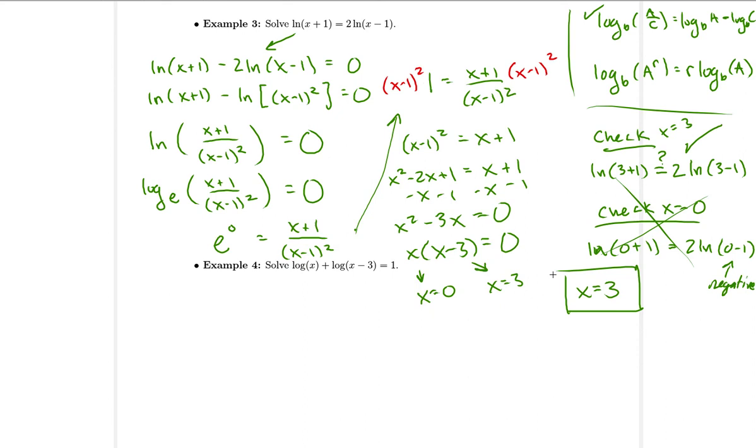Now there is a shortcut to this problem, but I wanted to do it this way to be really consistent with those guidelines I gave you, as well as showing you how the subtraction property of logarithms works here. But it would also have been okay, and I really don't have much room for this, I'm sorry about that, to use the property that the logarithm is a one-to-one function.